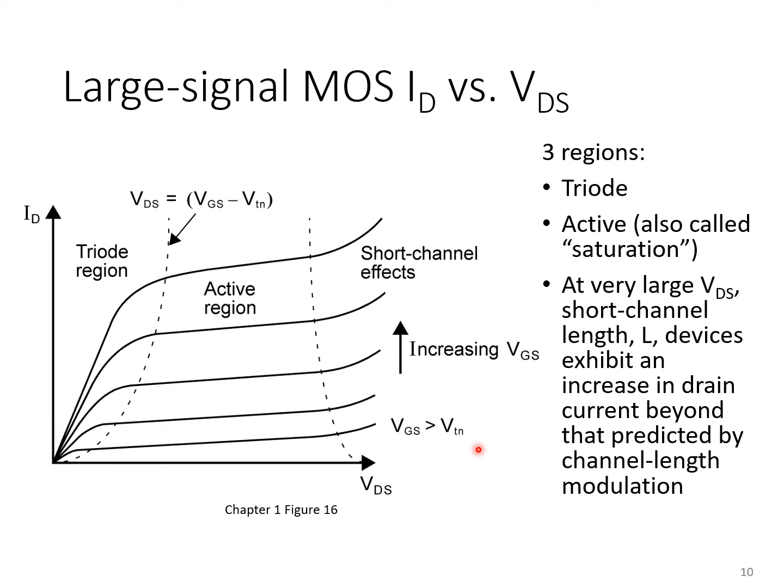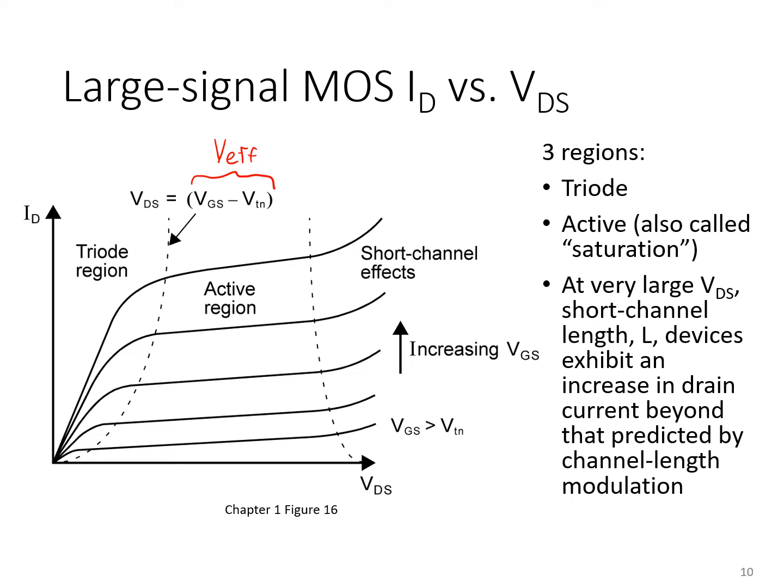As soon as VGS exceeds the threshold voltage, the channel is inverted, and then you can distinguish between the triode region for small values of VDS less than the effective gate source voltage, and what we're calling the active region when VDS exceeds the V effective. So the border between these two here is right when VDS equals V effective.